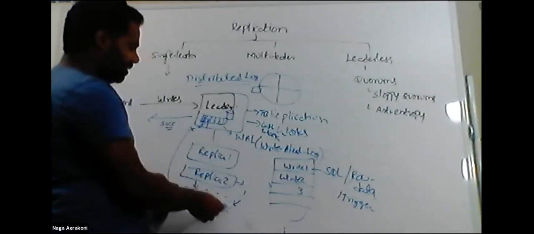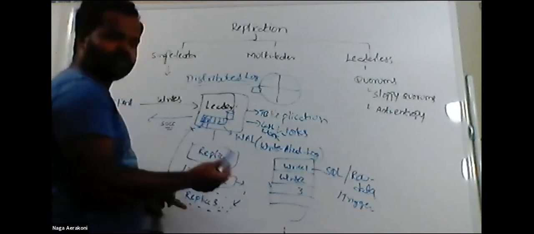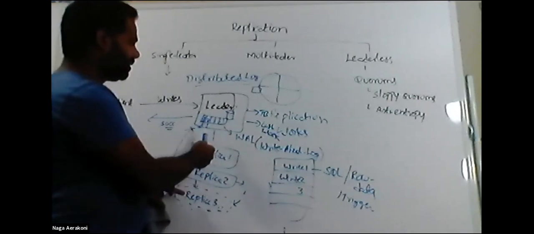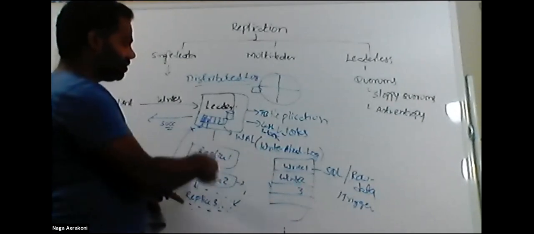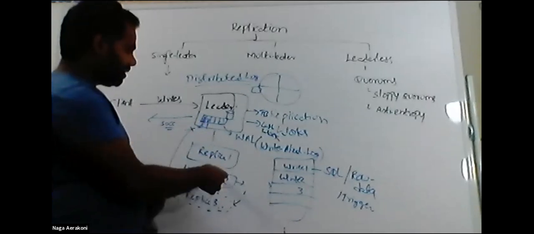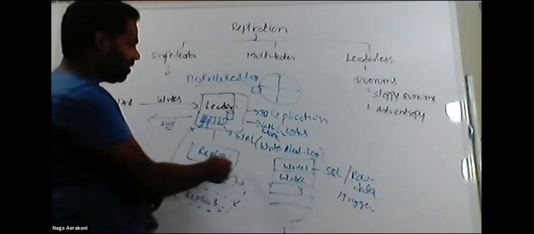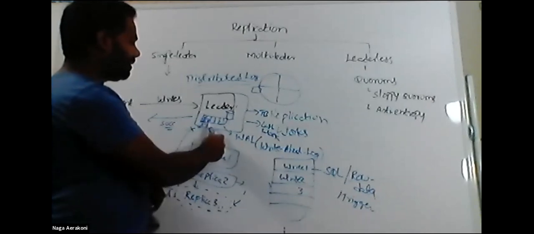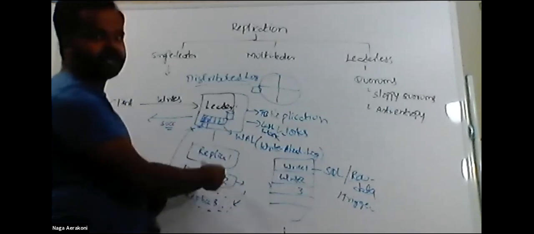But the only thing is that before it announces that it's ready to serve requests, it needs to go to the leader just to make sure that it has the latest copy. Because the general idea of replicas is they always go to the leader to get the latest updates, right?